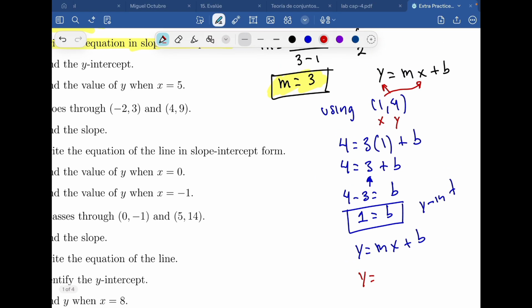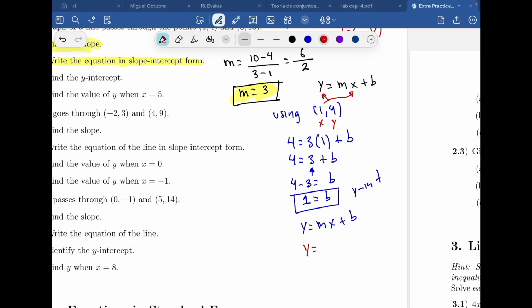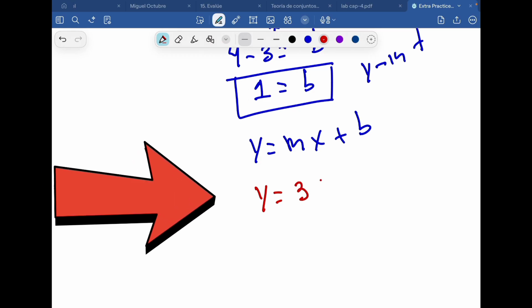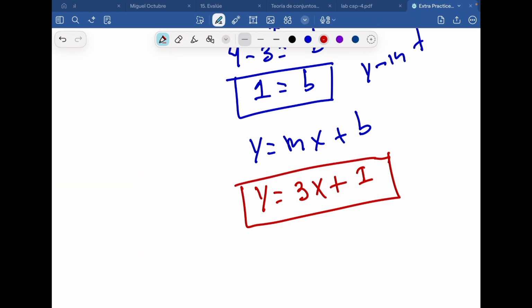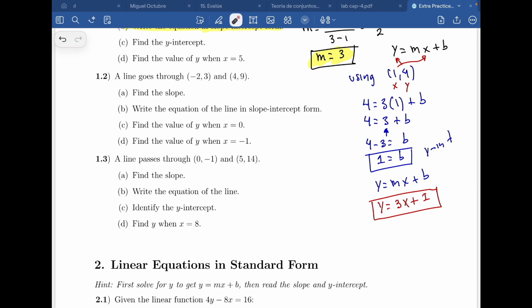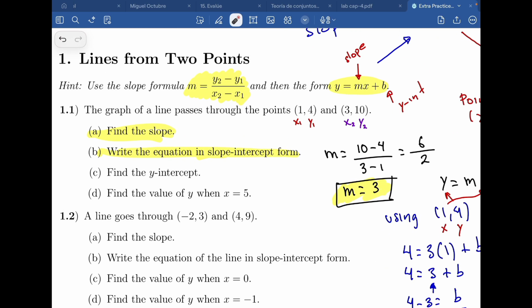Remember, m is 3. So m is going to be 3 times x plus 1, y equals 3x plus 1. This is the equation that represents the line, because we are using our slope and this y-intercept.